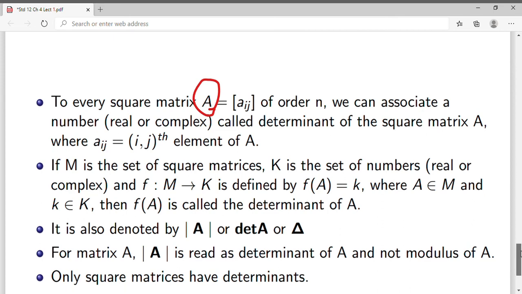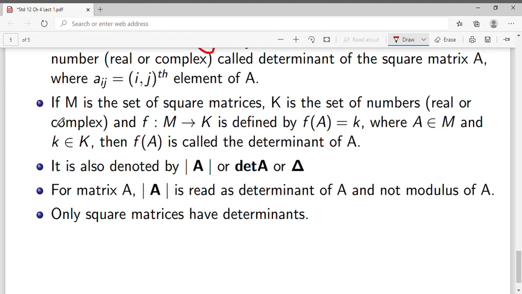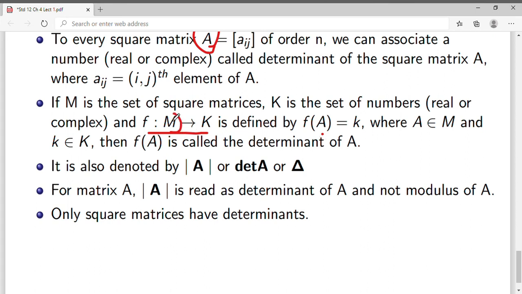So from this, the exact definition of a determinant is: consider M as the set of square matrices, K as the set of numbers, either real or complex, and f as a function from M to K defined by f of A equal to k, where A is a square matrix from the domain M. Under the rule f, which is nothing but the determinant, the determinant of A is k, and k belongs to capital K, meaning k is a real number.